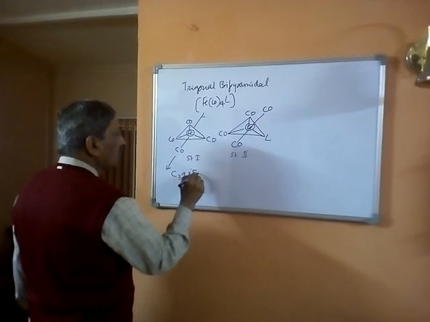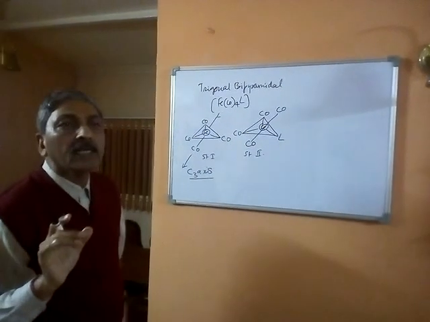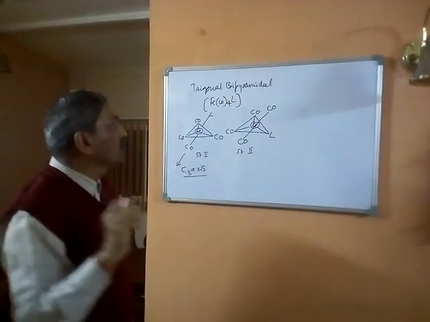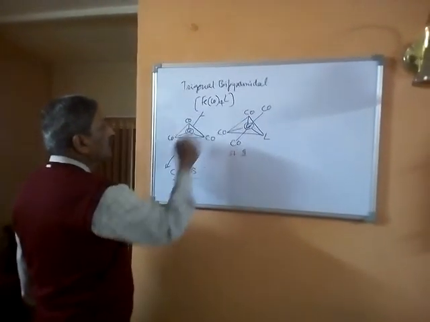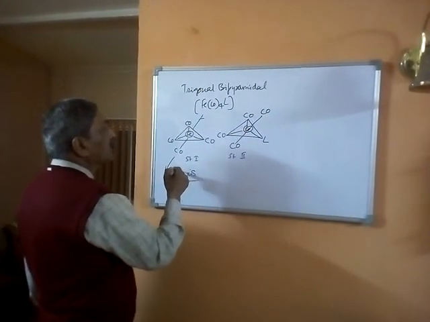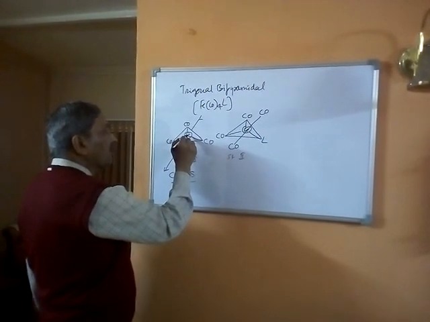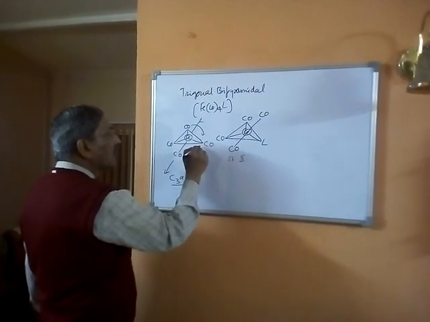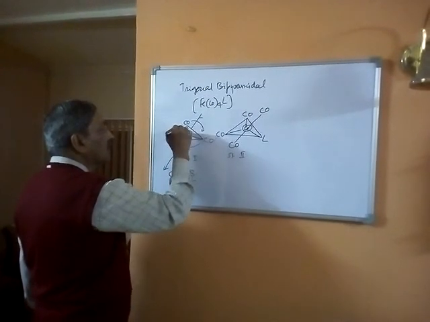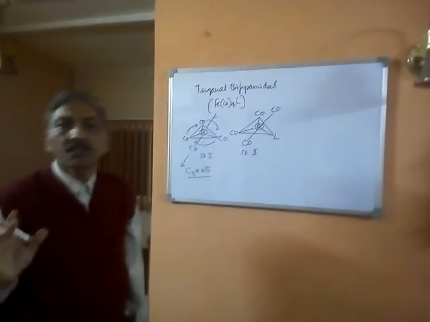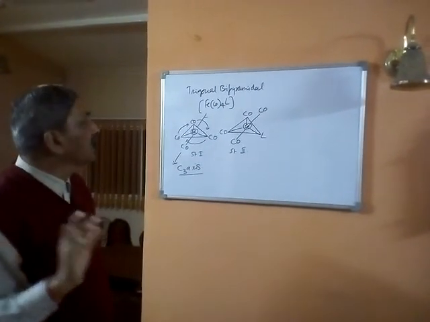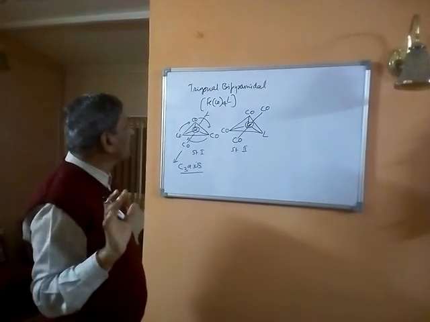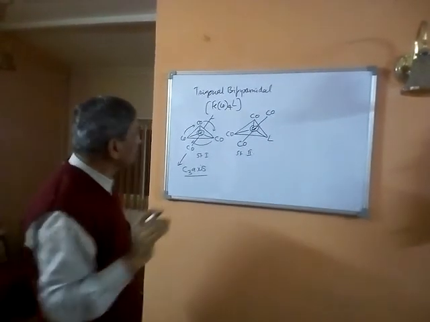A C3 axis is an axis of rotation by 120 degrees. If you do a rotation operation, you will be able to transfer each CO from one end to another to the third end, so that there is a 120 degree rotation for all the 3 COs, showing that this structure has a C3 axis of rotation.